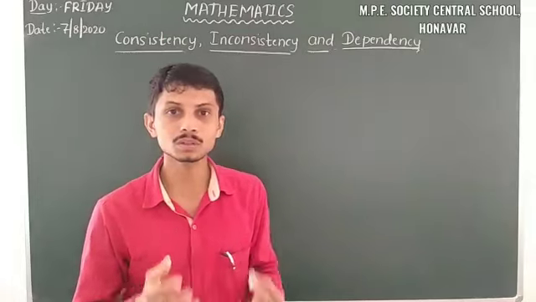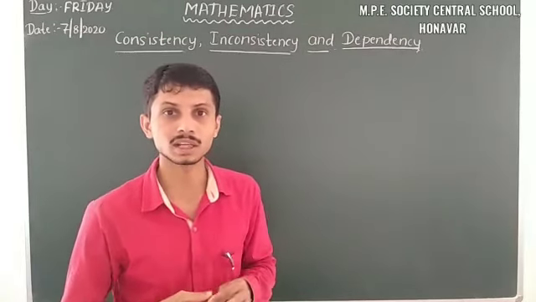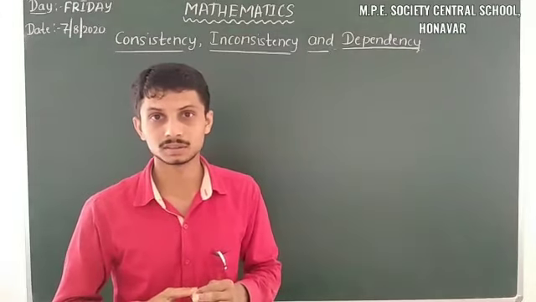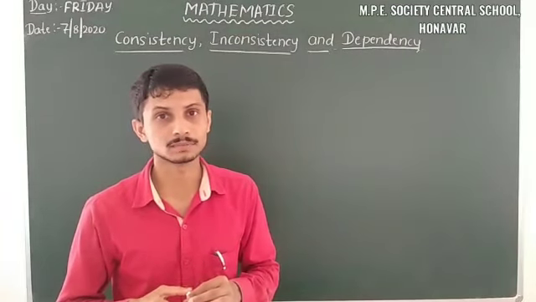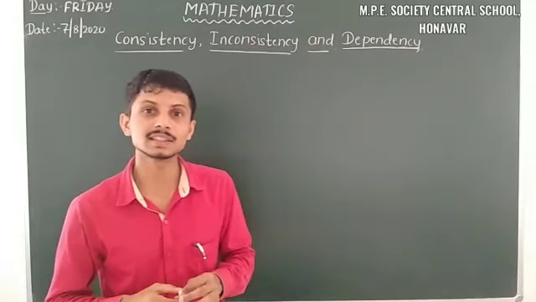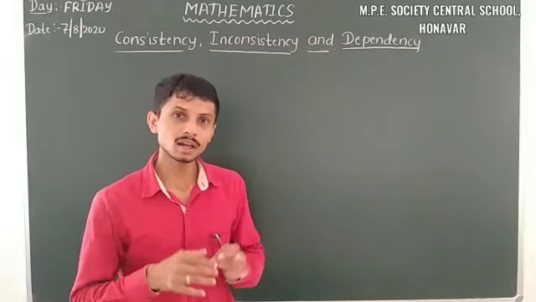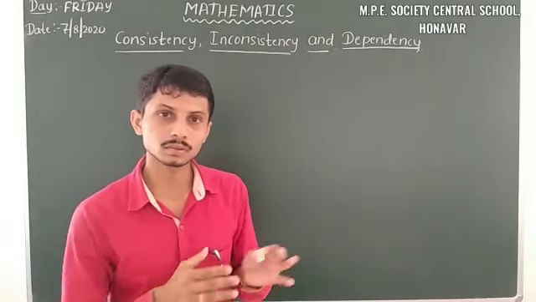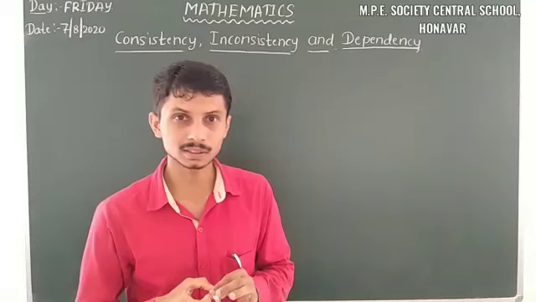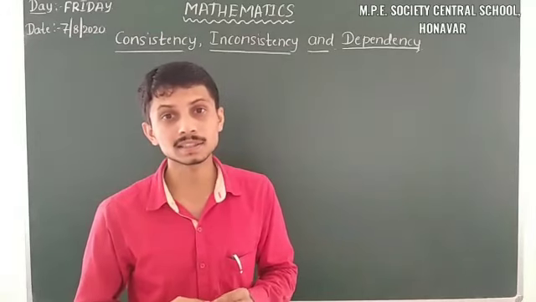So we have to give some examples and we have to take some relation between the coefficients, the ratios of coefficients here. So let us discuss consistency, inconsistency and dependency. I already told you that when we are taking a pair of linear equations in two variables, there may be a chance of intersecting lines.